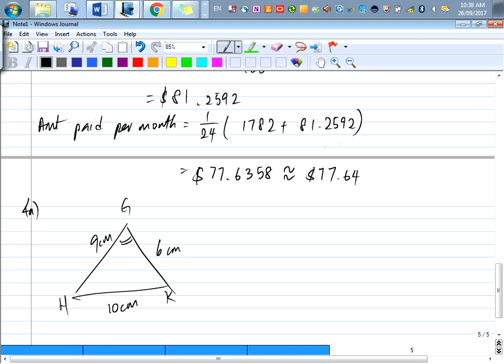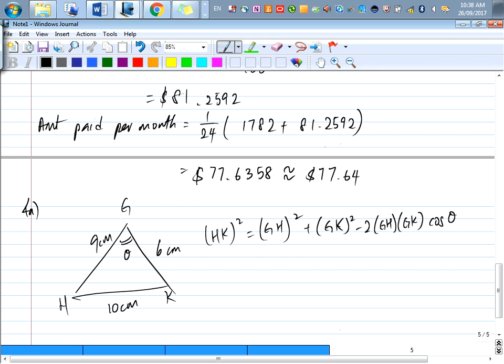Why can't you do this? I don't know. Okay, first we need to use our cosine rule. Then HK square equals GH square plus GK square minus 2 times GH times GK times cosine theta. Let's call this theta.